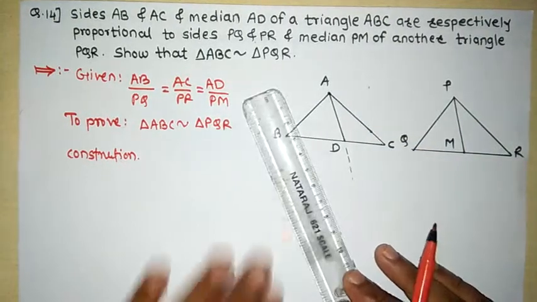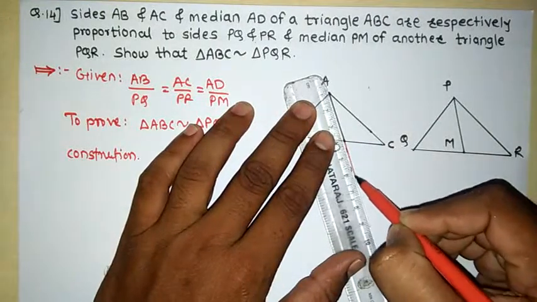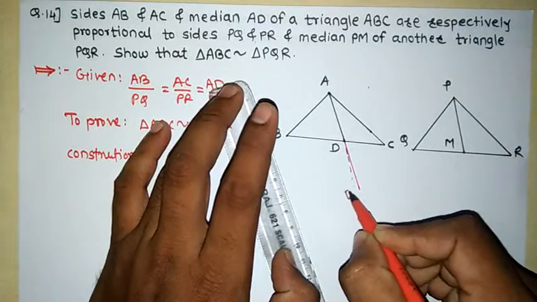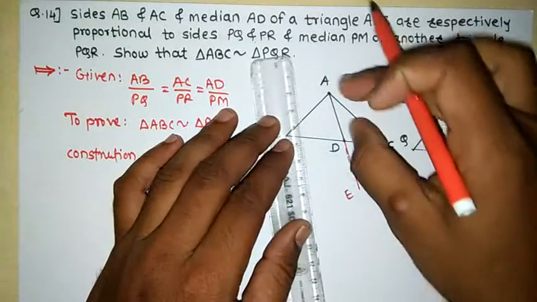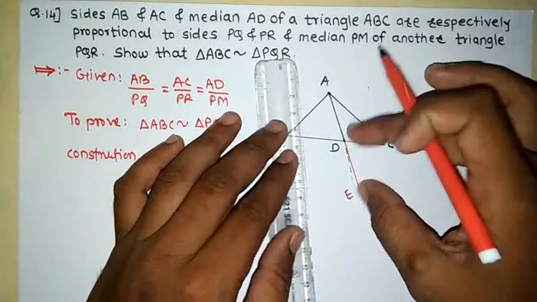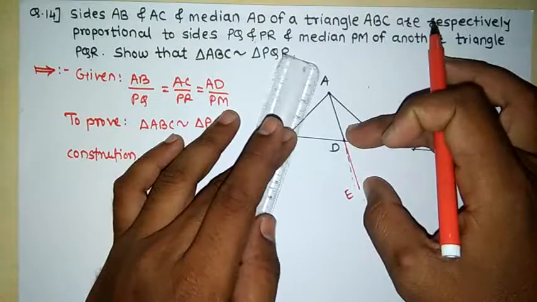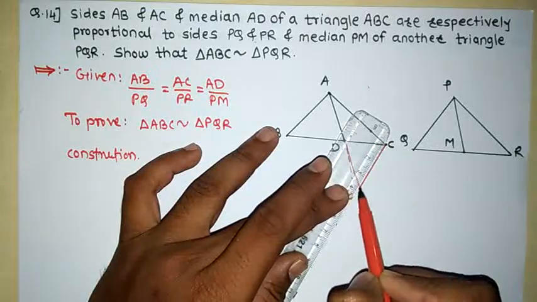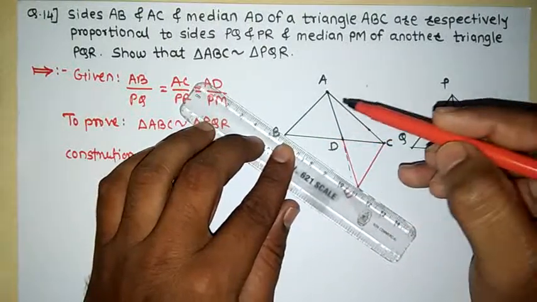AD we have to produce, means we have to extend AD up to point E such that AD is equal to DE. You have to join CE and BE.